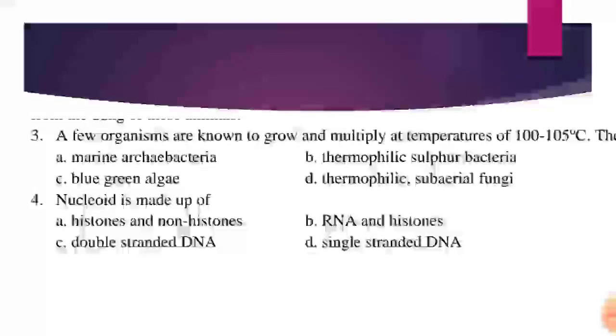Question 3. A few organisms are known to grow and multiply at temperatures of 100 to 105 degrees Celsius. Those are option A, marine archaebacteria, option B, thermophilic sulfur bacteria, option C, blue-green algae, option D, thermophilic subaerial fungi.